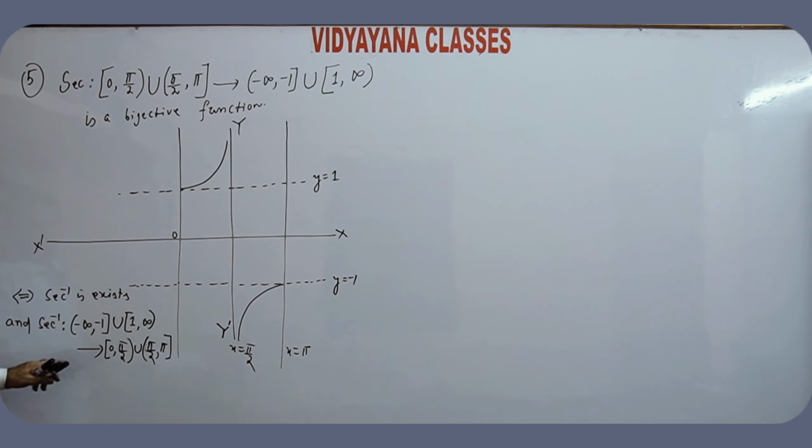Sec inverse exists, and sec inverse is defined from this set to this set. Clear? Since the function is bijective. Okay.